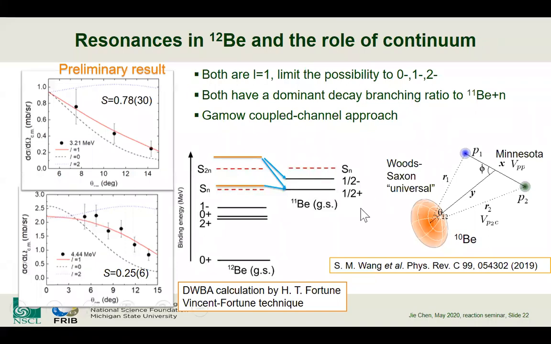And in his calculation, the beryllium-10 is a deformed core. He used the Woods-Saxon universal potential to represent the interaction between the valence neutron and the core.